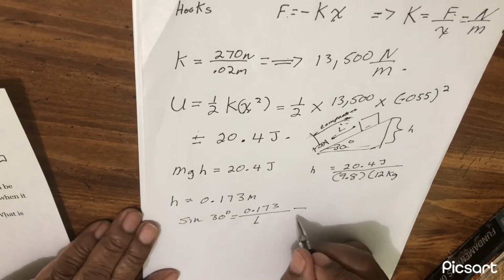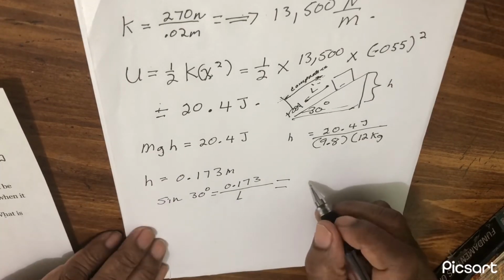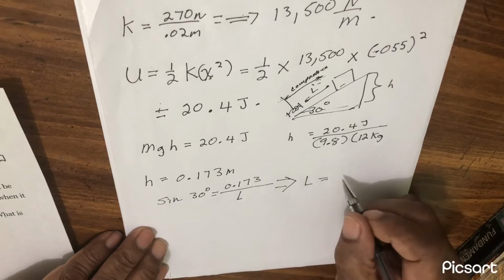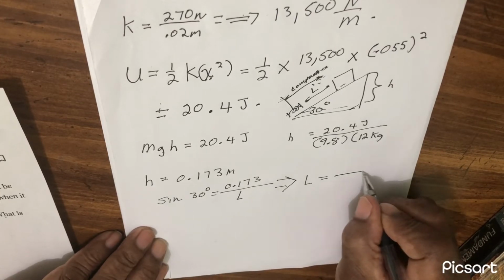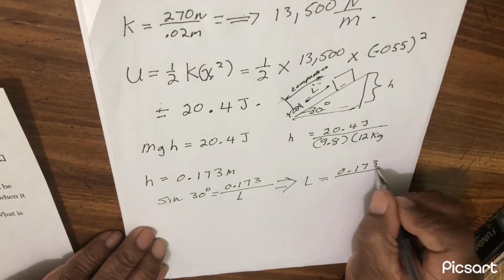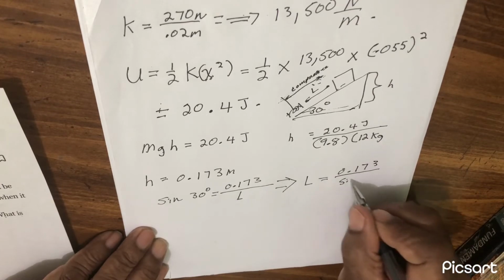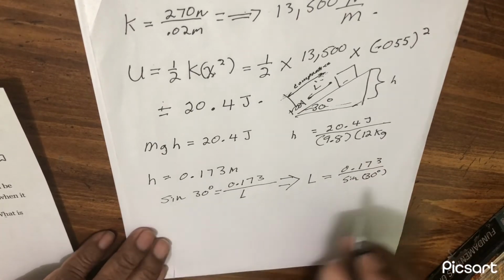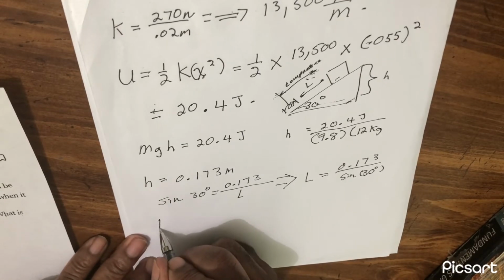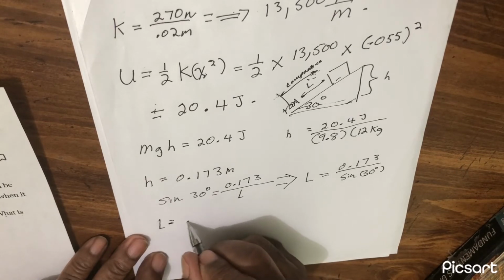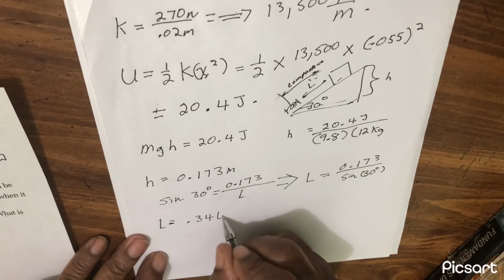So we'll just solve for L. L is going to equal 0.173 divided by the sine of 30 degrees, which is 0.5. So L is going to equal 0.346 meters.